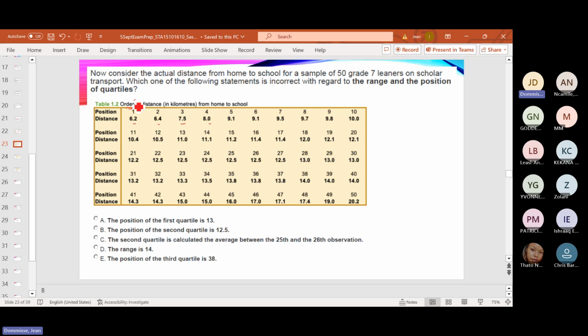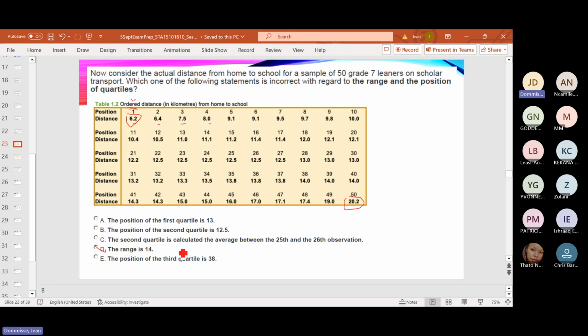So they tell us it's ordered, so we know that the shortest distance is 6.2 and the longest distance is 20.2. So if we needed to work out the range, 20.2 minus 6.2 would give us 14.